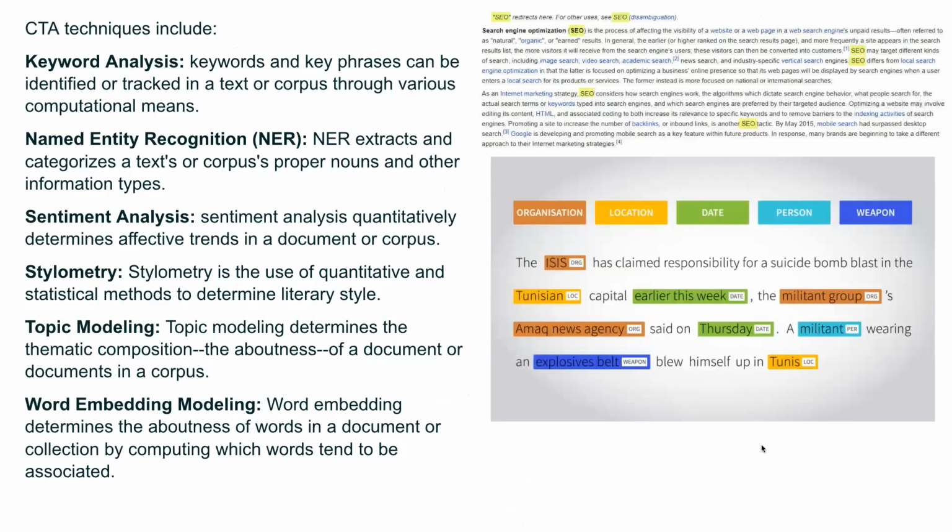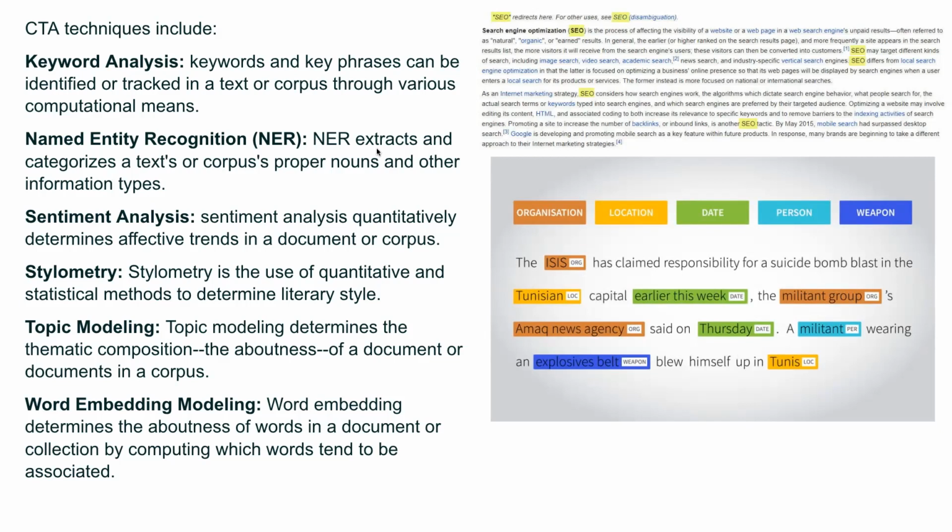There are multiple ways of doing computational text analysis. One, keyword analysis, where you look for certain keywords, certain key phrases, and maybe count how many times they appear in a text.